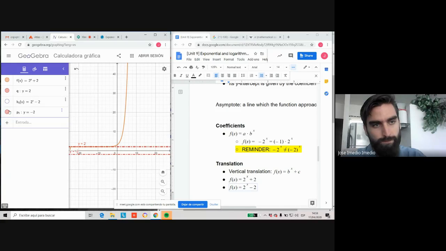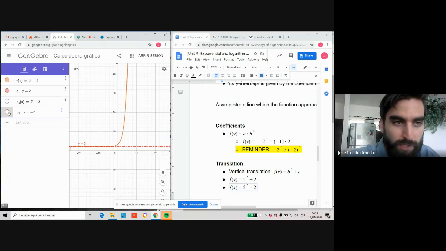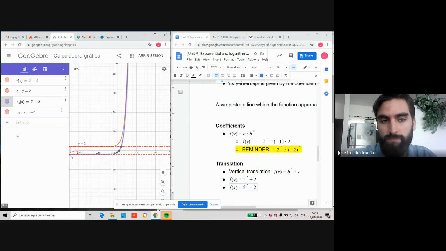I have this one, and it applies to exponential decay as well.